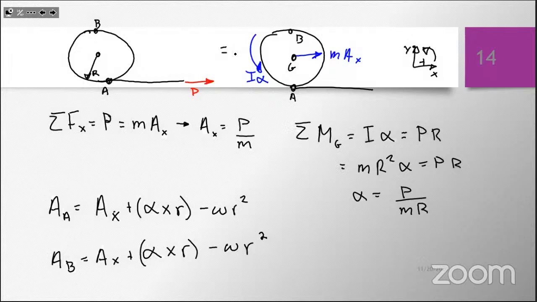I can sum the moment about the center of gravity, which tells me that I alpha is equal to P times R. And I can solve for alpha, right? So now I have an equation for alpha in terms of P and R, and an equation for acceleration in terms of P and M. So it's looking good. And now I'm here.